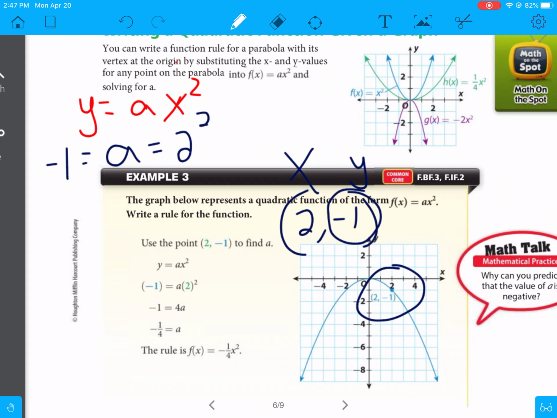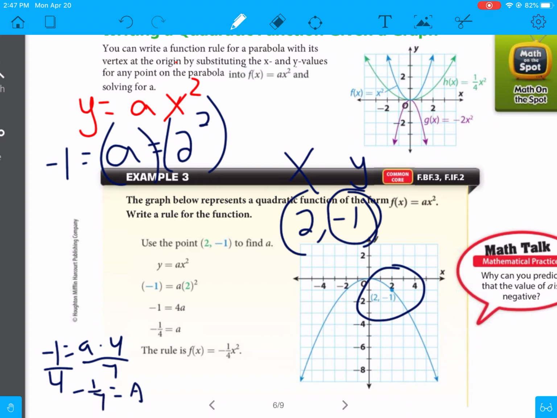So then, oh, sorry, that's going to be times 2. 2 squared. So what we're going to have to do is just solve for a. So 2 squared is 4. So you're going to get -1 equals a times 4. Then divide by 4, divide by 4, -1/4 equals a.